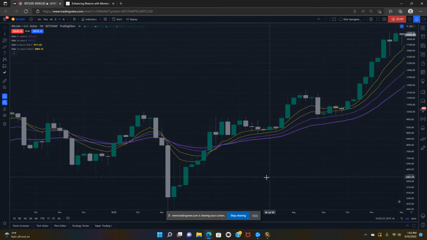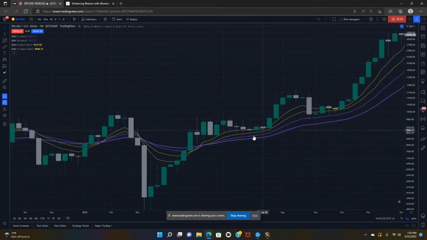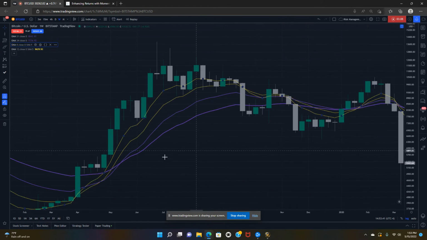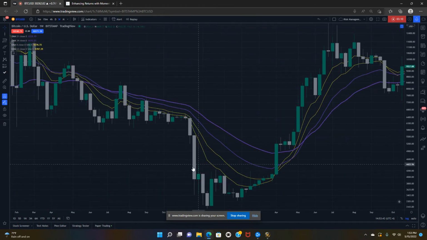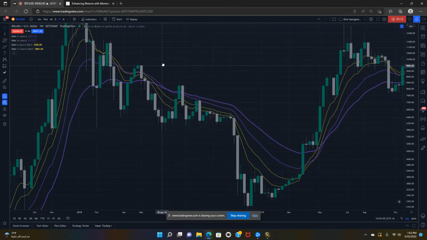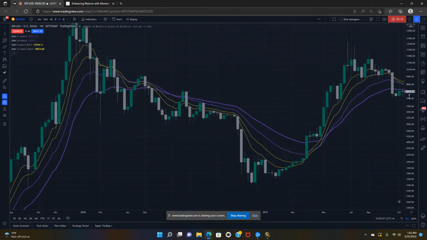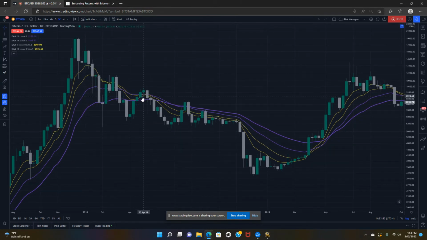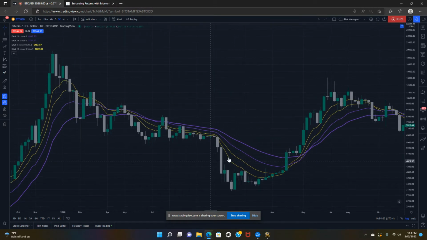Things happen that invalidate, but then you get the black swan event, and then price reclaims the level, and then it's just a steady uptrend. You can also see that here, right? Bitcoin officially confirmed the bear market really when the lower periods crossed below the higher periods, and then you get your capitulation afterward, which I think is what people are kind of looking for currently in the market.